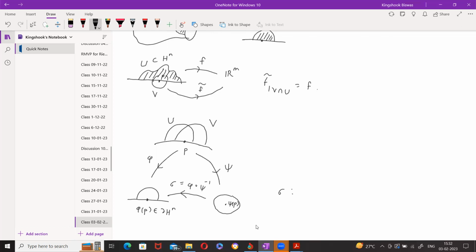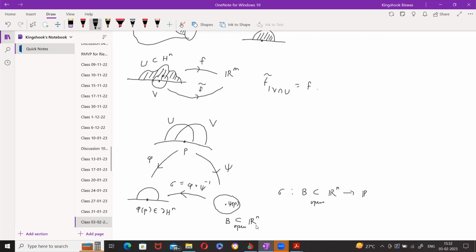Now sigma is going from a neighborhood, say this is some ball B in Rn. So sigma is going from an open subset of Rn into Rn.